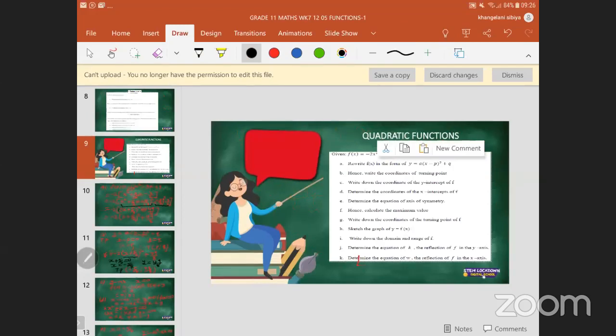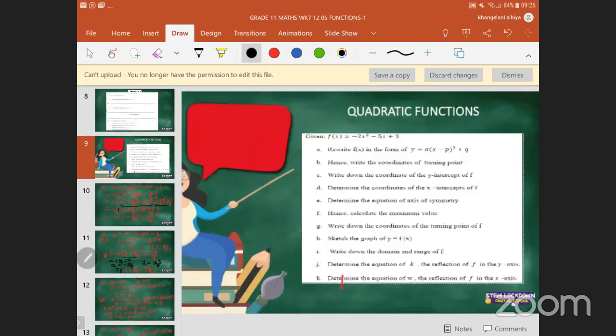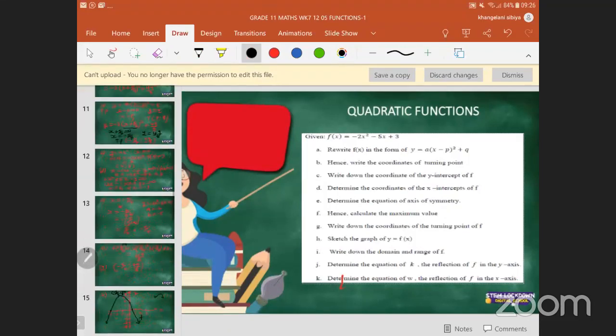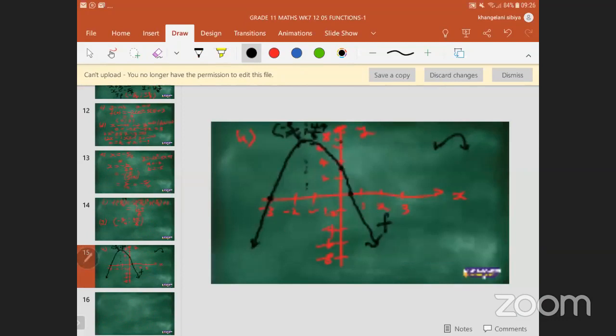Here they are saying, oh, no, it's not the last two, we still have I. Write down the domain and the range of F. Okay, that is very straightforward. The domain are the X values. So if we can extend this line here, nothing obviously can stop us.